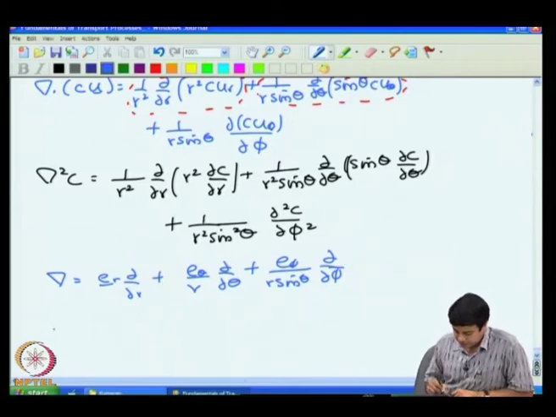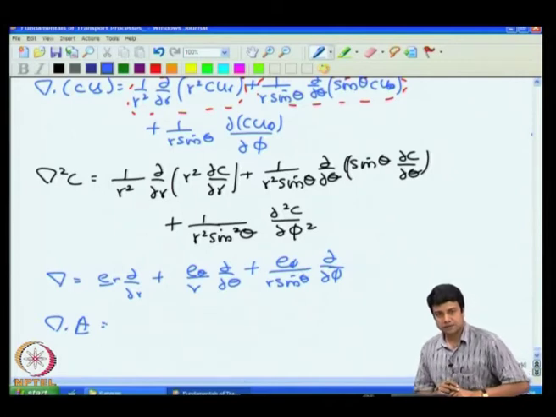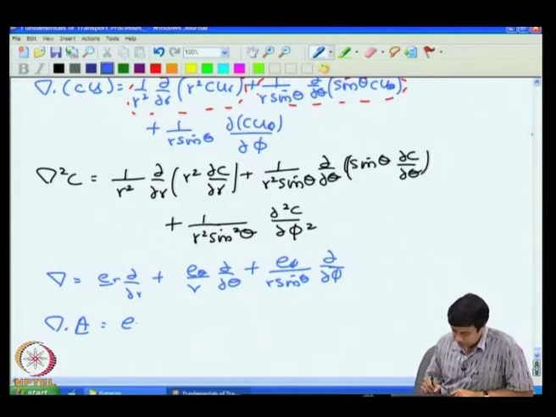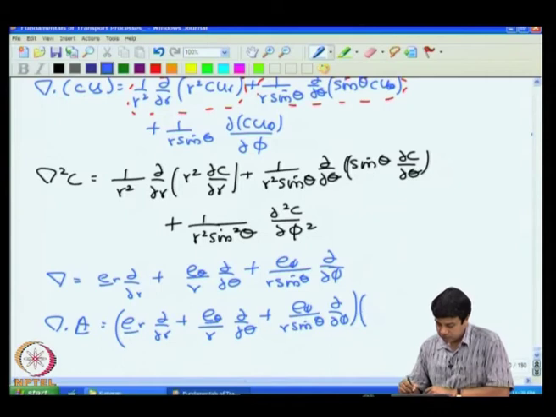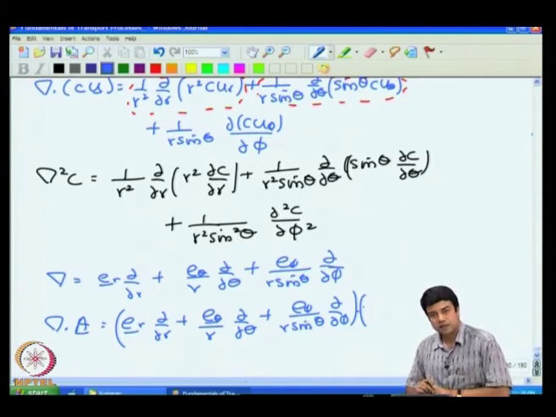If I have to take the divergence of a vector, this is equal to E r d by dr plus E theta by r d by d theta plus E phi by r sin theta d by d phi of the vector. The vector is now in spherical coordinates.